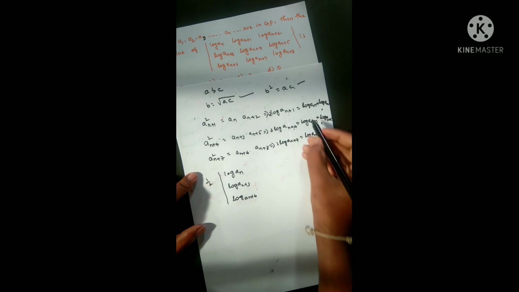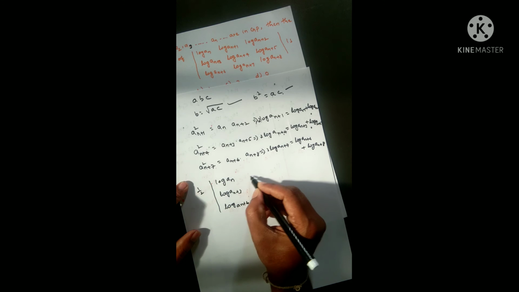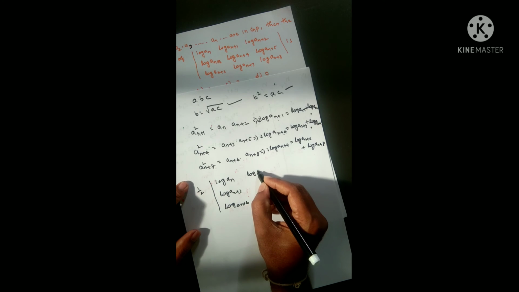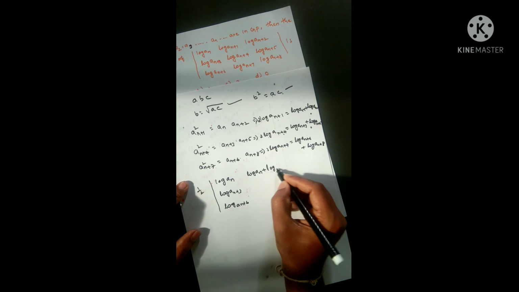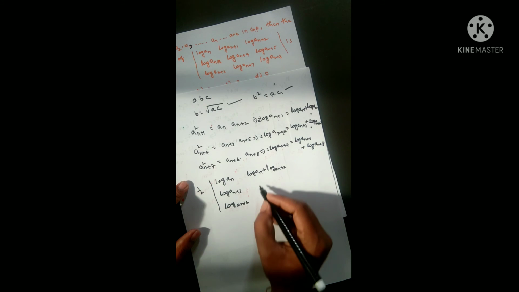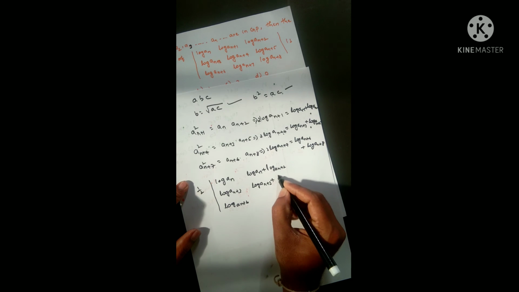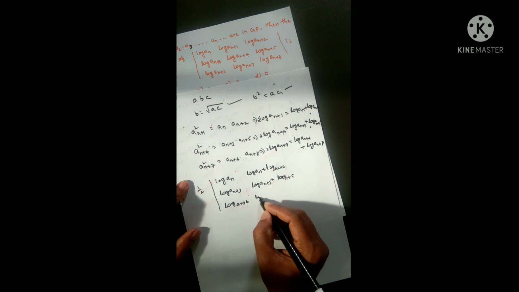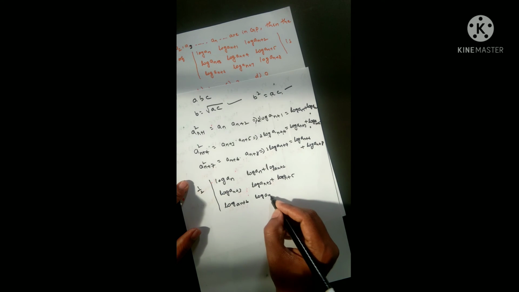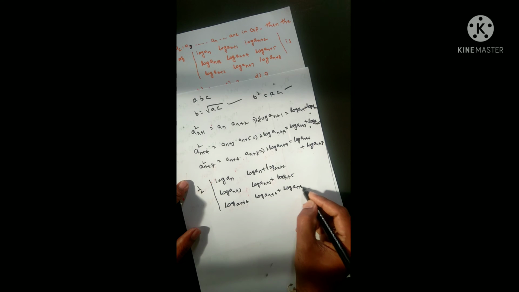Taking 1 by 2 common, the second column becomes log A n plus log A n plus 2, log A n plus 3 plus log A n plus 5, and log A n plus 6 plus log A n plus 8.